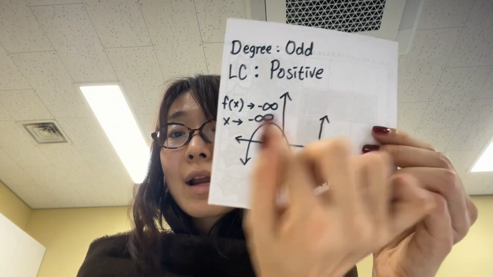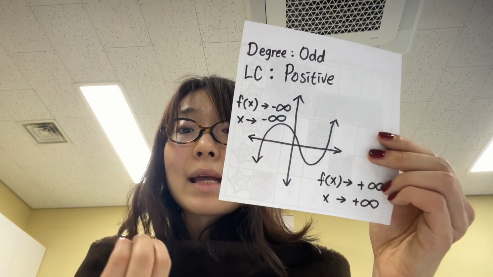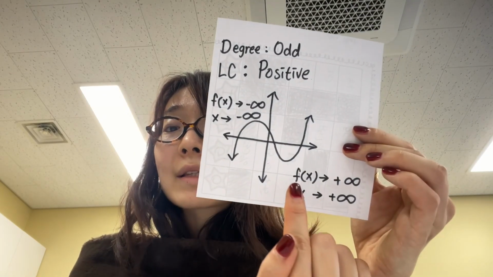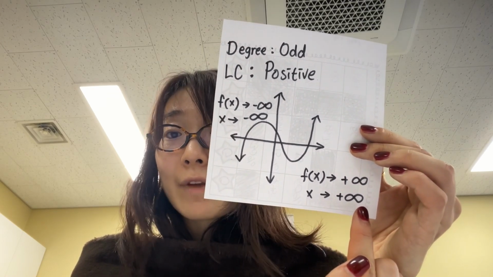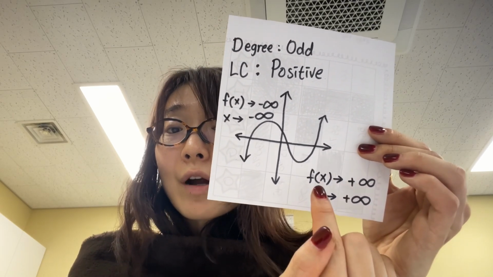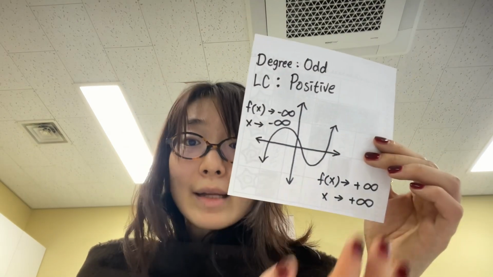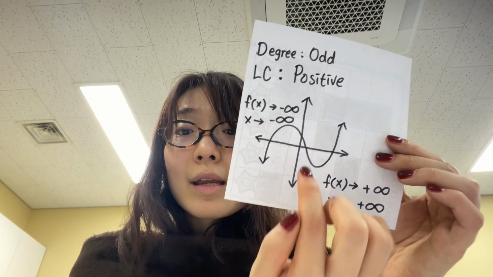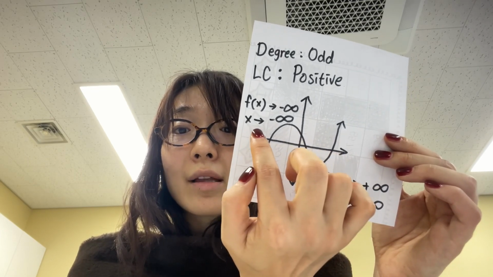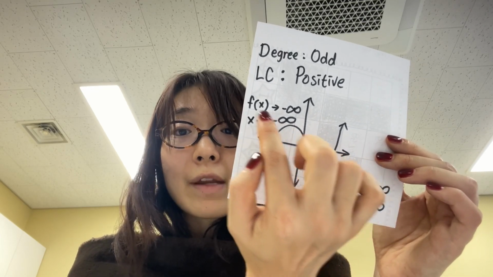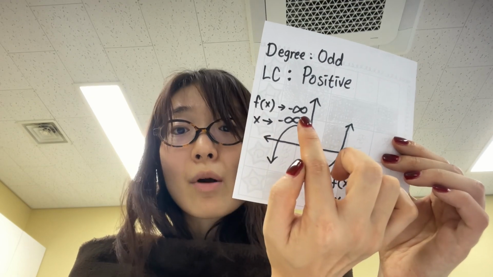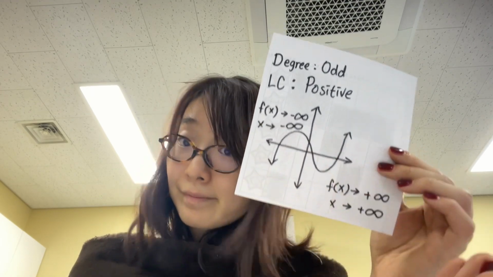From left to right, it goes up. Which means as our x value approaches positive infinity, our function also approaches positive infinity. But on the other end, as x values approach negative infinity, our function also approaches negative infinity, right?